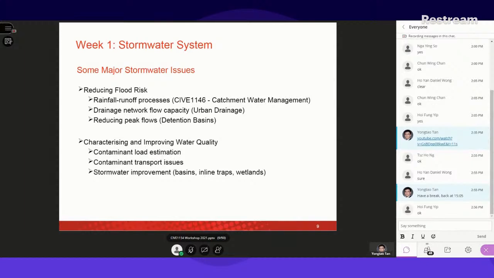The objectives are to remove 80% of the suspended solids annual load, 45% of the total phosphorus annual load, and 45% of the total nitrogen annual load. So these are the objectives for stormwater quality management.